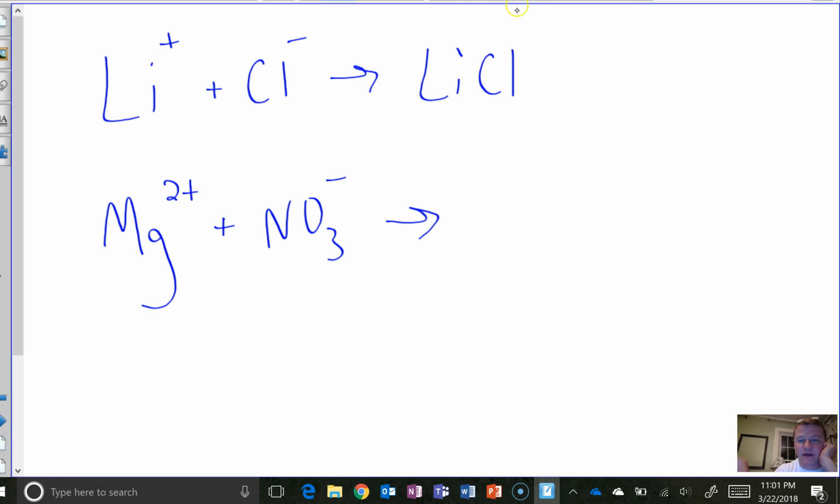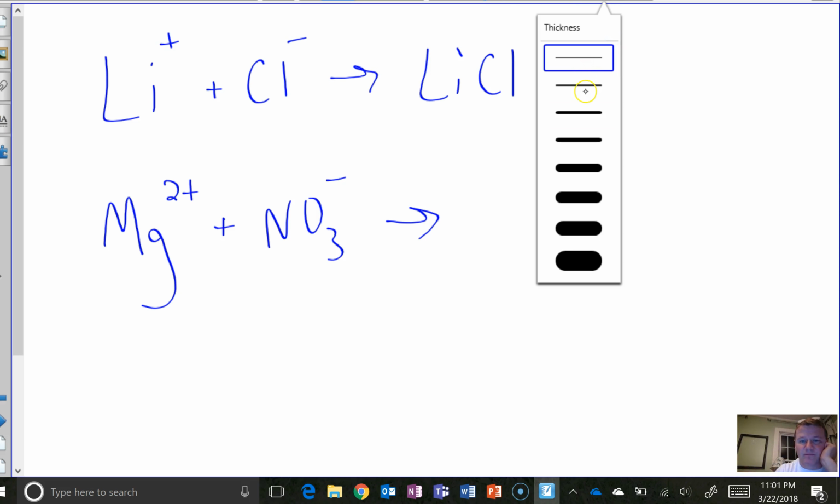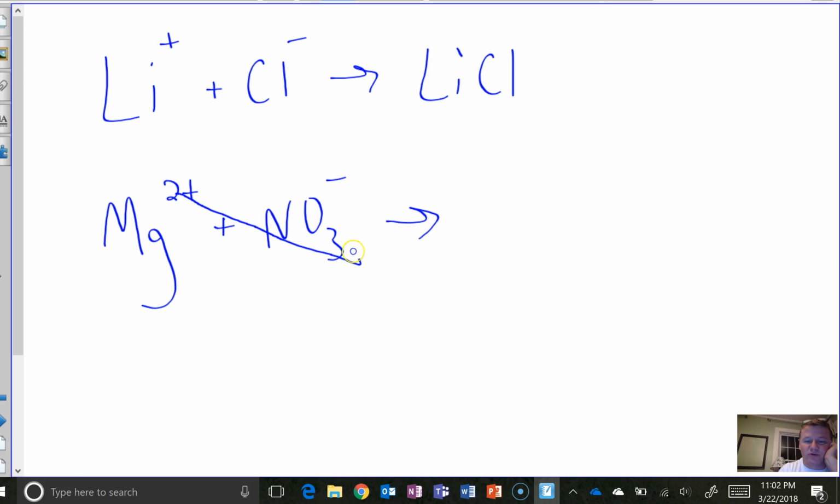But also, the crisscross thing works. So unlike charges, positive 2, negative 1, so this 2 will crisscross down here. And I'm going to back up and do that in a different color so you can see. So this positive 2 will come down here, and this negative 1 will come down here. Now, we don't have to put a 1, it's just understood.